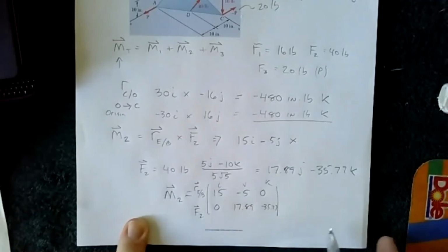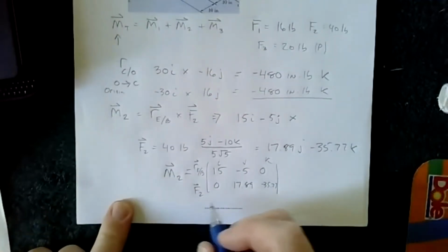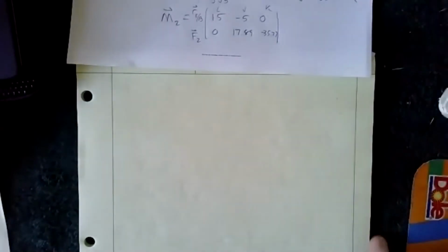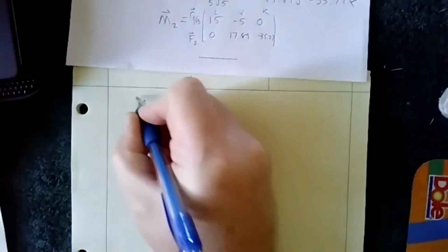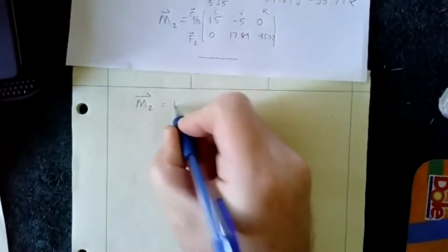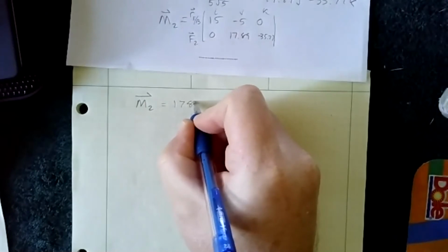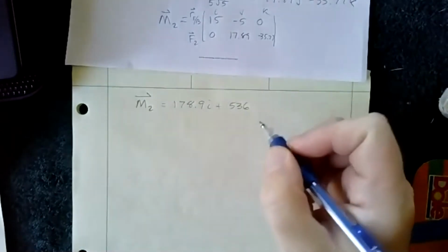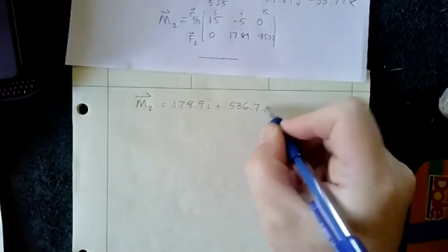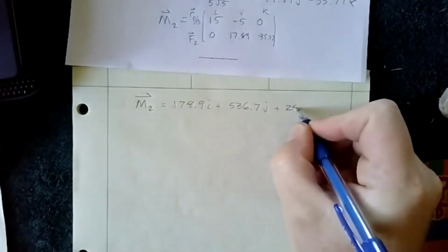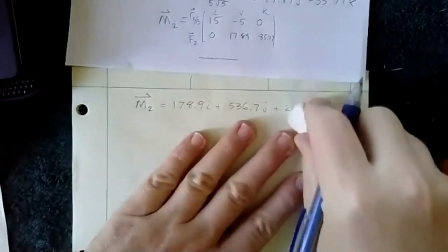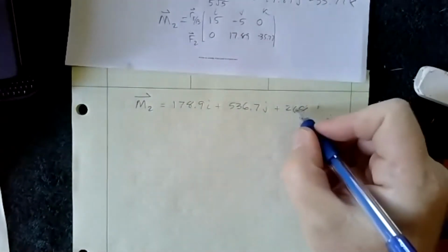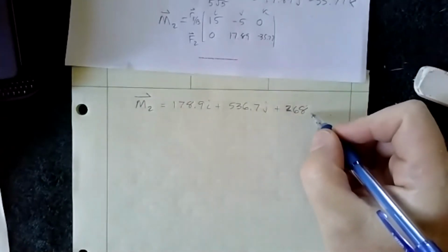So when we go ahead and find our answer, M2 gives me a value of 178.9 I plus 536.7 J plus 268.3 K. Again, not worried about sig figs at this point.